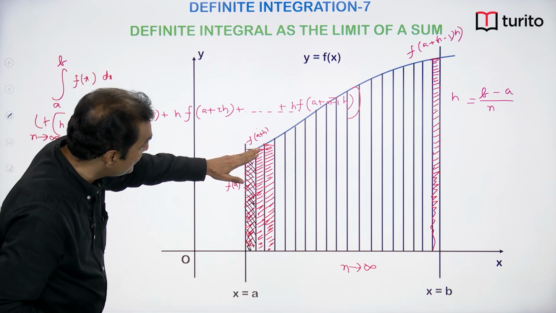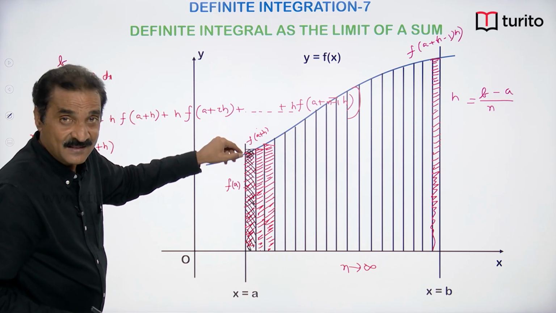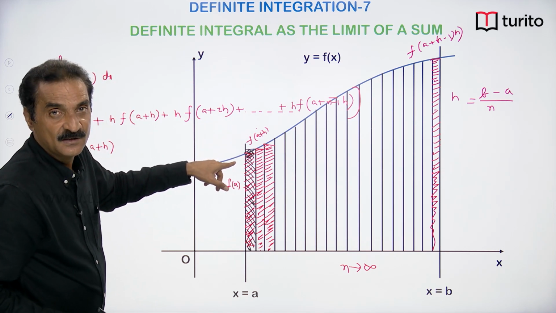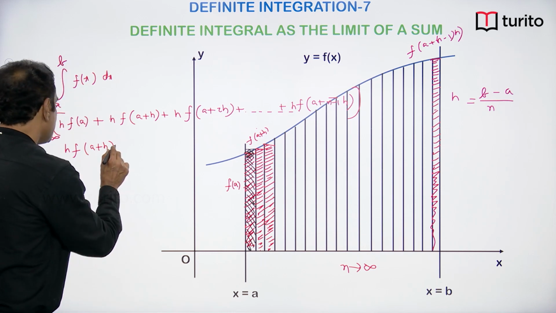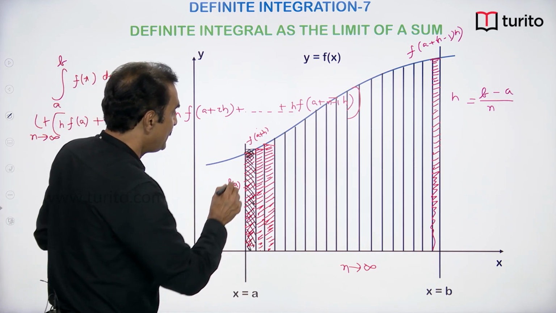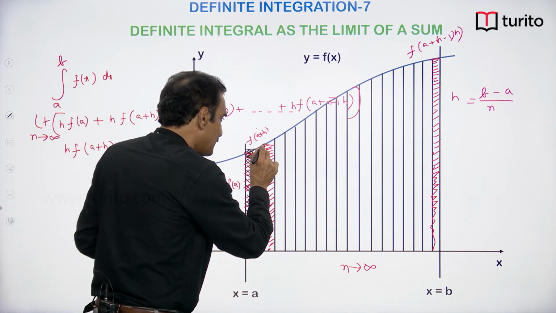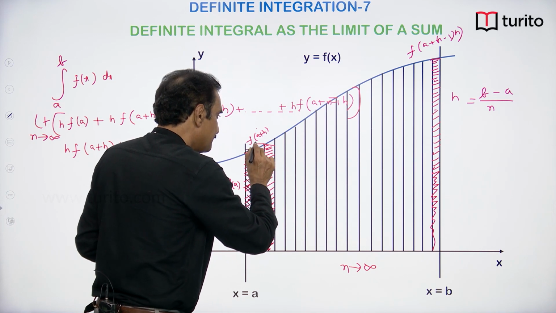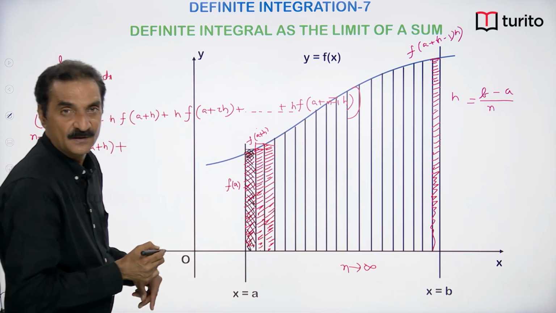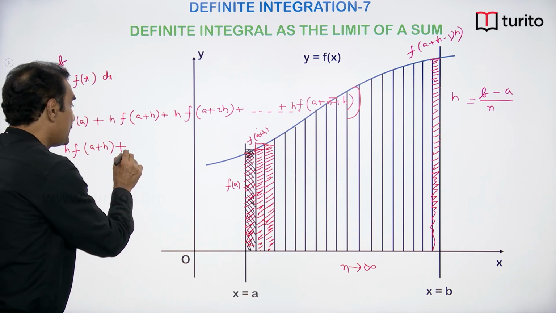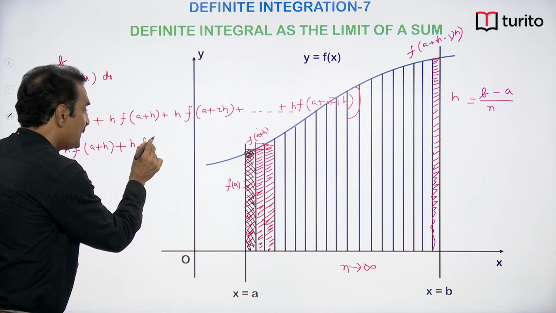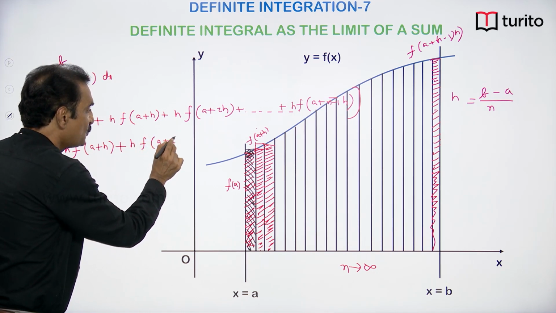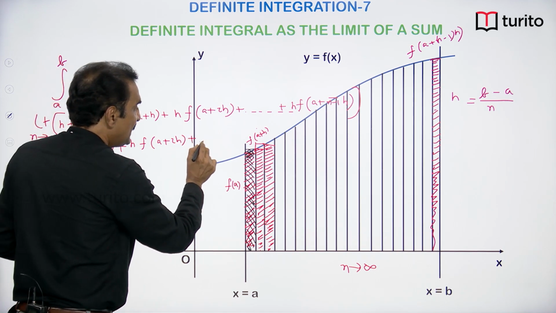Here I am getting some extra area than the actual area, is it not? Plus, in the same way, if you take the second ordinate and multiply by h, I will get this rectangle. What is the area of that rectangle? h into f of a plus 2h, and so on.